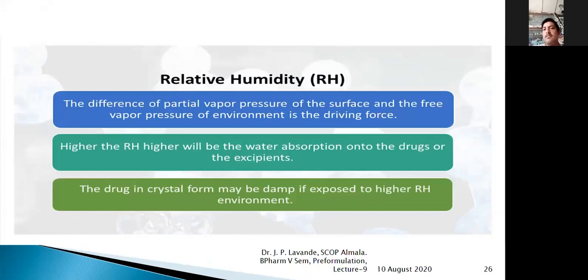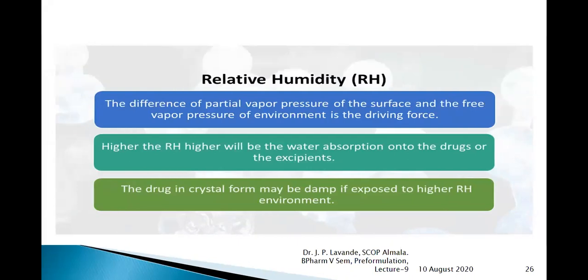The difference between the partial vapor pressure of the surface and the free vapor pressure of the environment is the driving force for the relative humidity. The higher the relative humidity, the higher the water absorption onto the drugs or the excipients.